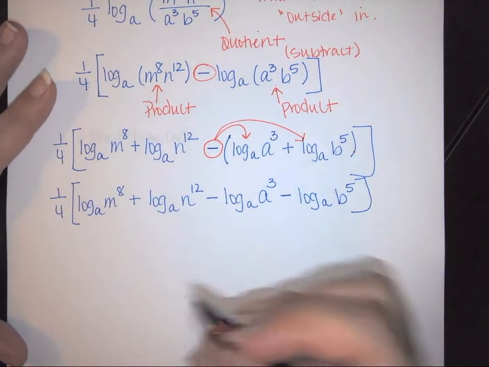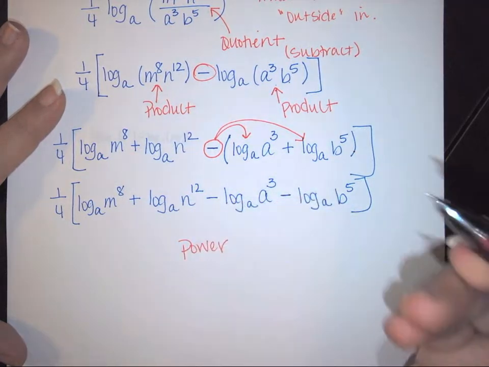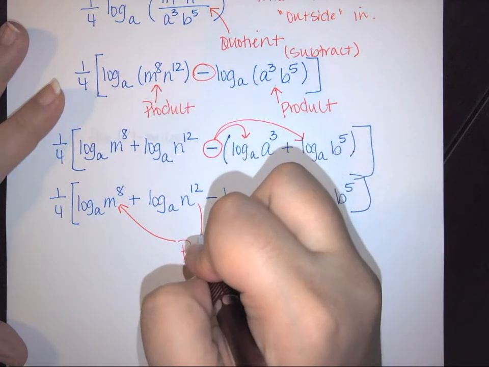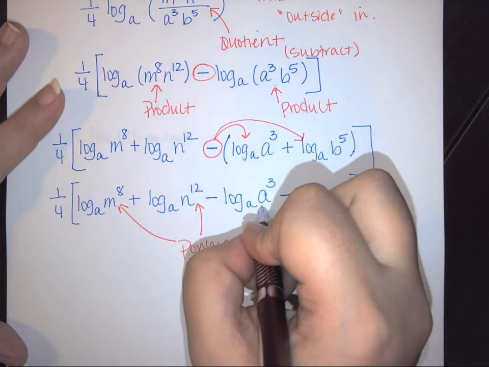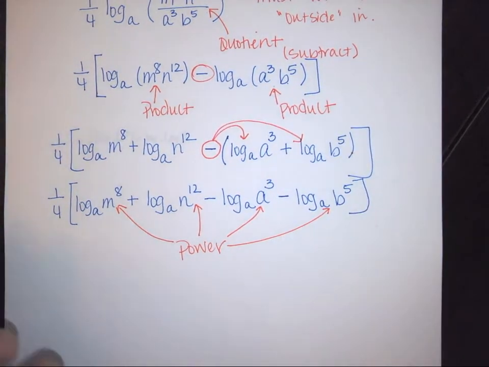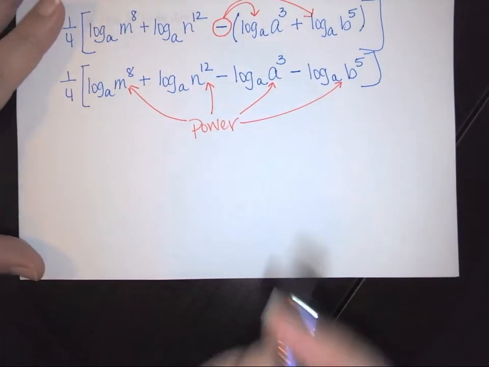Now, if you notice, I have power rules here, here, here, and here. So I need to apply the power rule to all 4 of these components.